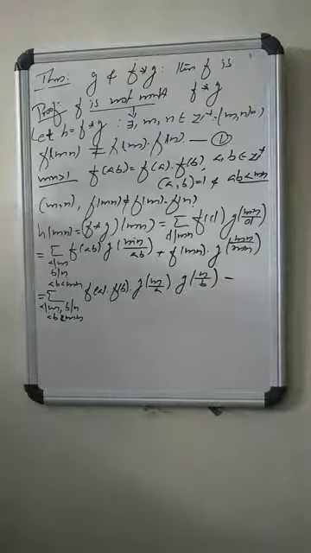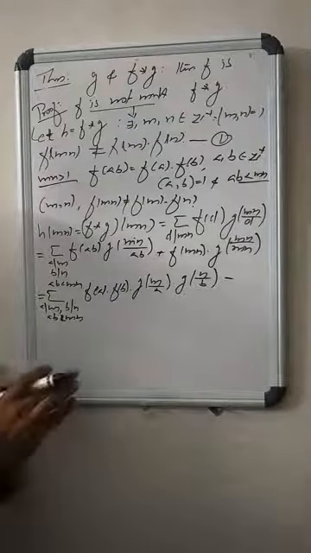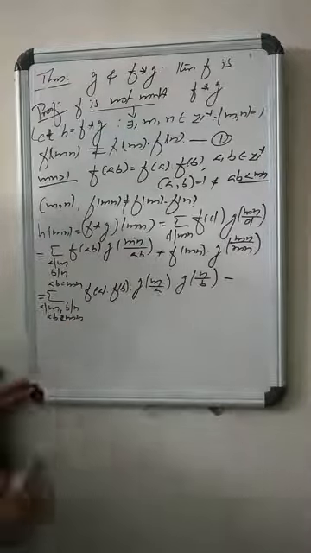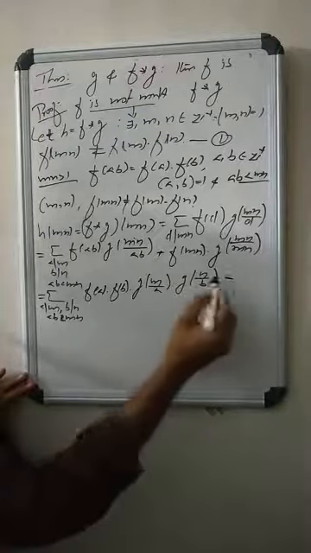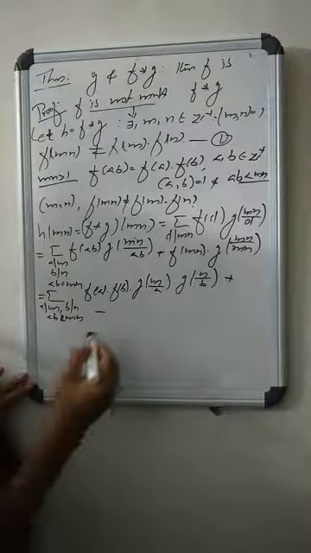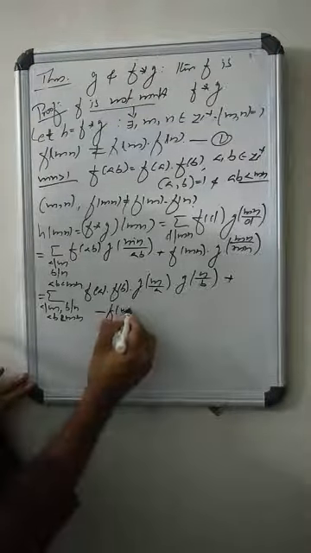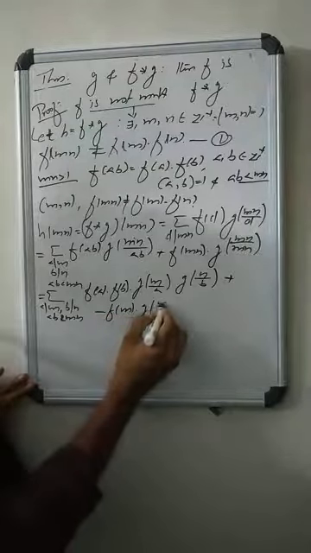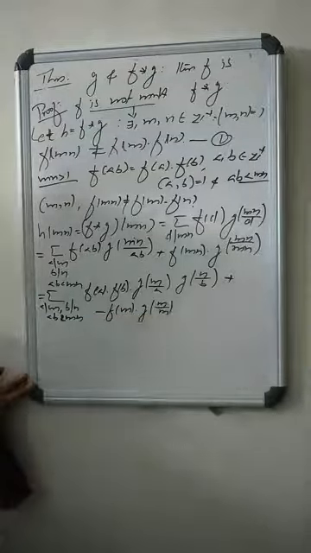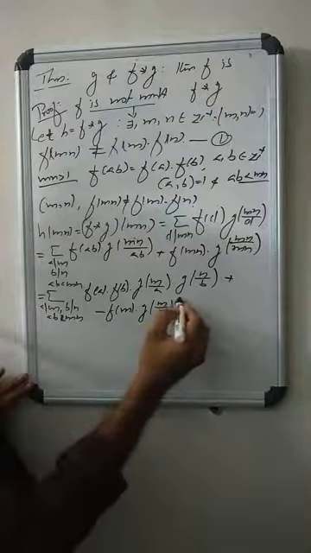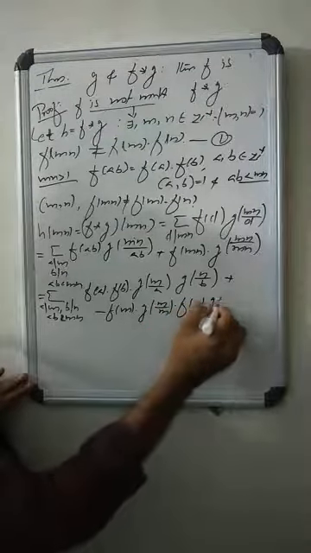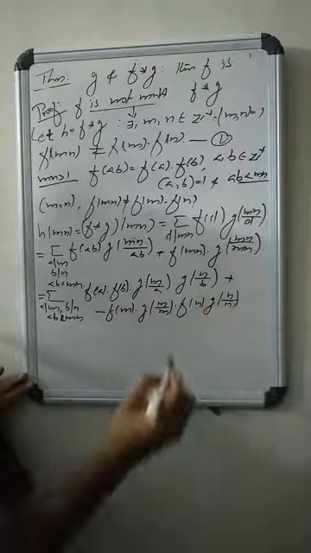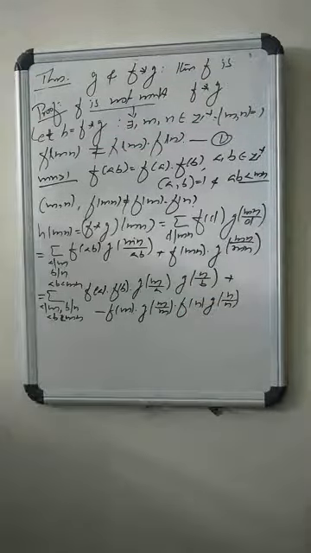Now we separate the term corresponding to A equals M and B equals N in this sum. That term is f of M into g of M by M, times f of N into g of N by N. Okay, we can separate that term.